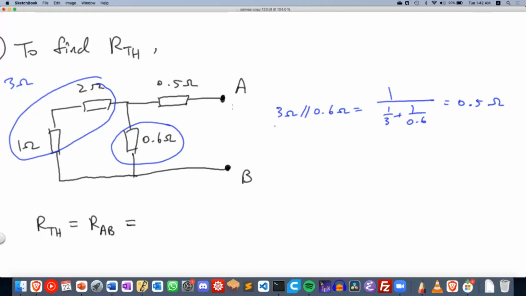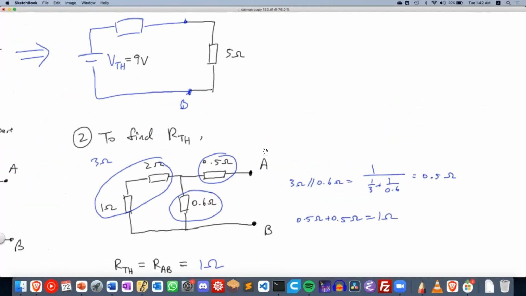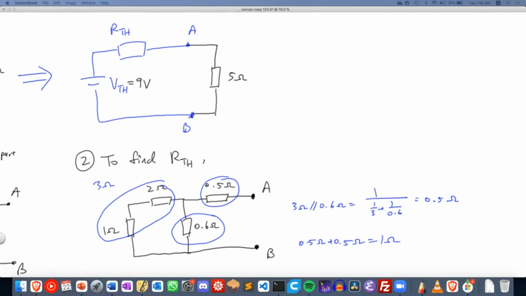Then we have 0.5 ohms in series with 0.5 ohms, so 0.5 plus 0.5 gives us 1 ohm. So the Thevenin resistance is 1 ohm. With that, we have enough information to solve the question.